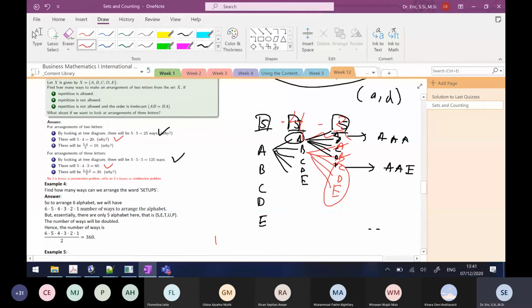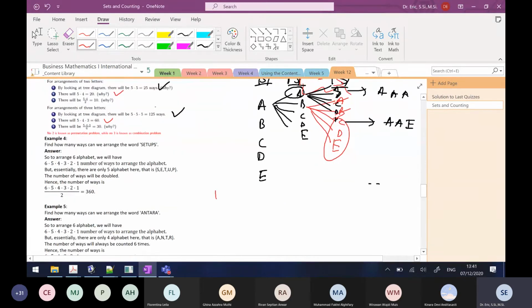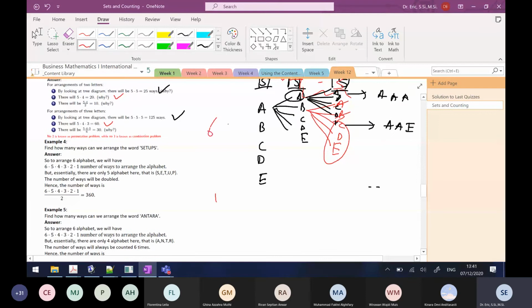Okay, what about the last one? Repetition is not allowed and the order is irrelevant. You have 60 if the order is relevant. So how many ways is this the same? ABC is the same as ACB, BAC, BCA, CAB, and CBA. These are all considered the same. So you are looking at 1, 2, 3, 4, 5, 6.